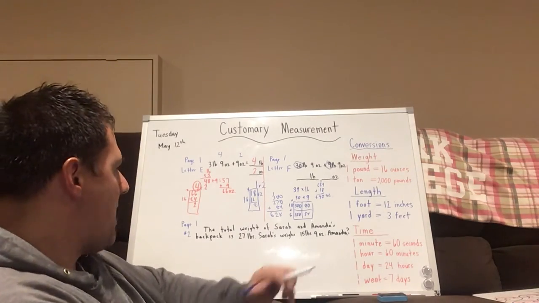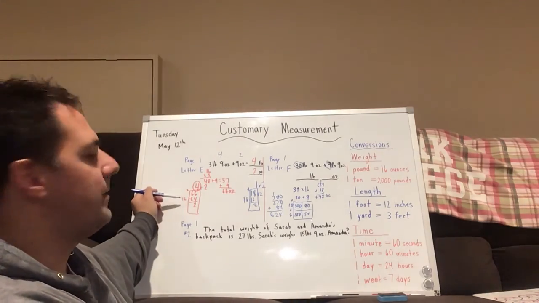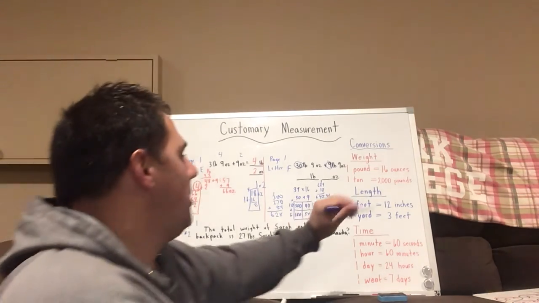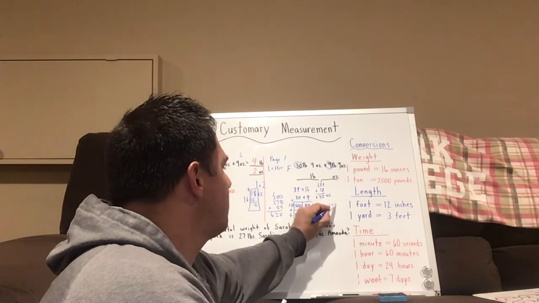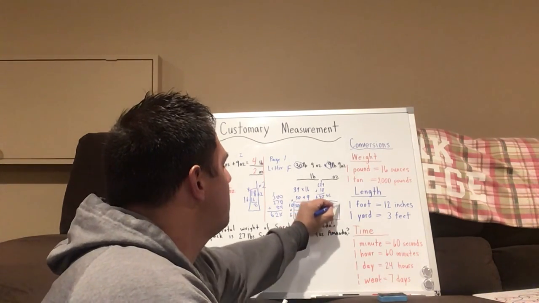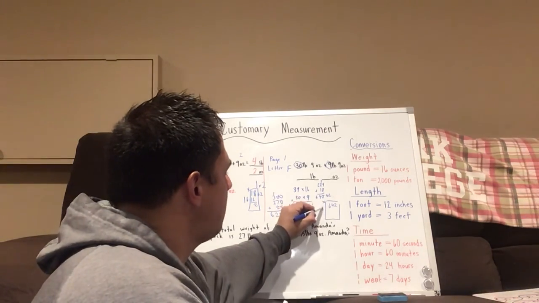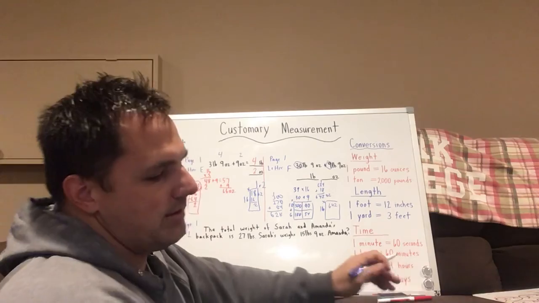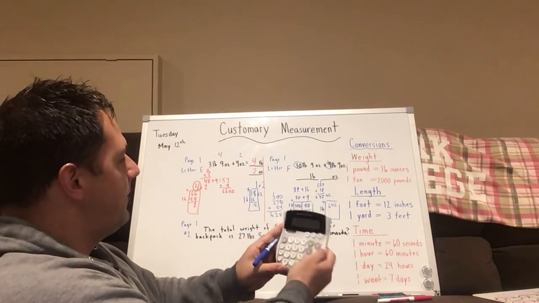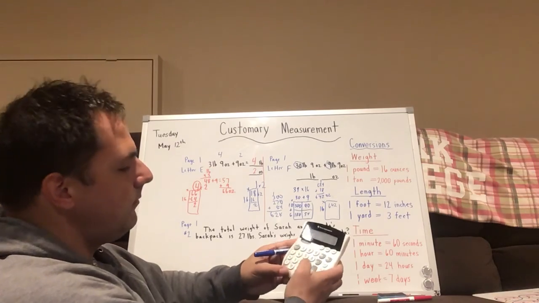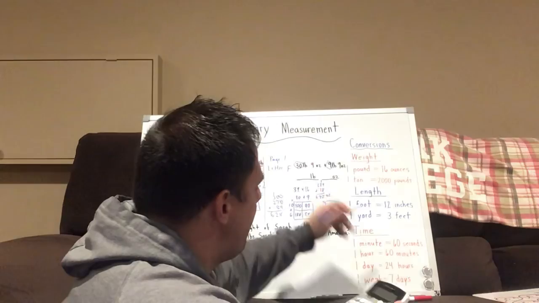And just like the last problem, I'm going to take my total amount of ounces, just like I did over here, and I'm going to have to divide by 16. And you might want to use a calculator to help you figure out the math, and that's okay. You're allowed to use calculators. So 642 divided by 16. In my calculator, I'm going to type in 642, my total, divided by 16. And I'm going to ignore the decimal. I know that 40 is the best possible answer.